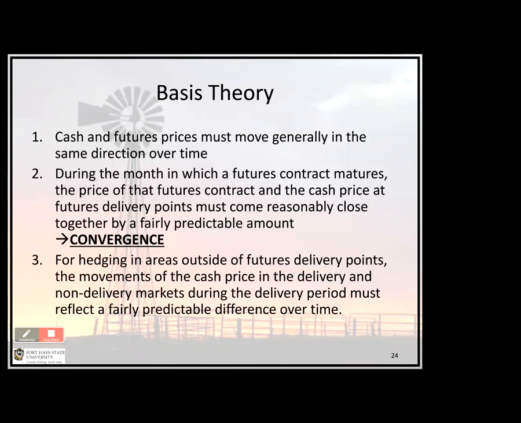Because it's somewhat predictable, because there's economic reasons behind it, that means we can use it to hedge and lower our risk. In other words, I would have more confidence in trying to predict what basis is going to be at any given time for a given location than what cash price is going to be. Cash price, there's a lot more complex factors at play there.